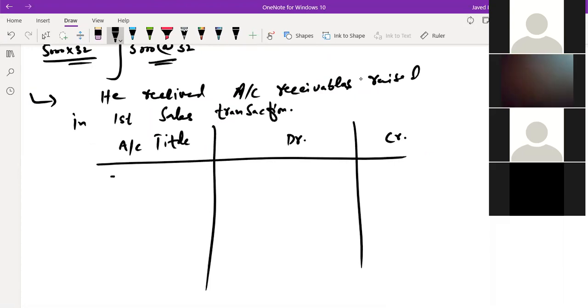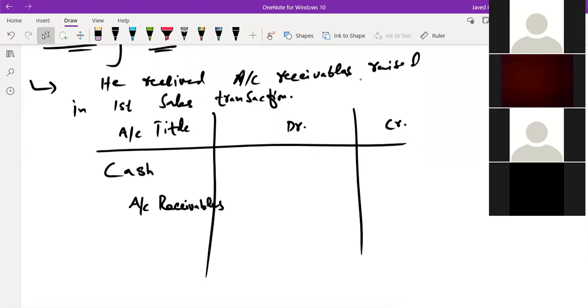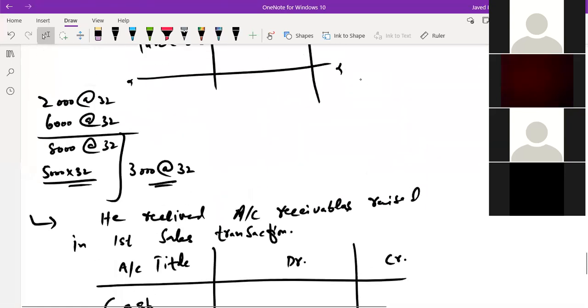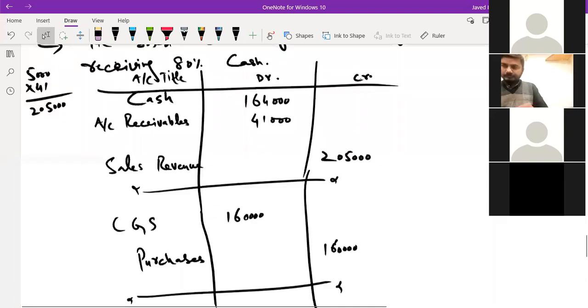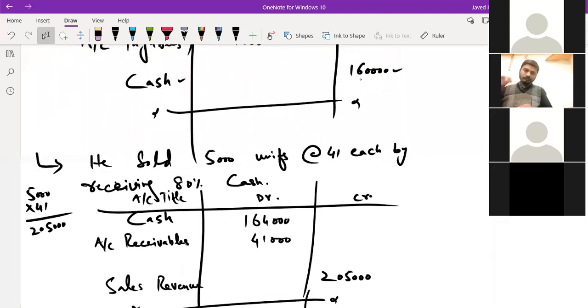Obviously, you're receiving in terms of cash, and you had accounts receivable with you. Now you will be closing it, just like we were closing payables. Receivables are received in cash, so that's the difference. In payables, cash is credited to close them. For receivables, credit receivables and then debit your cash.